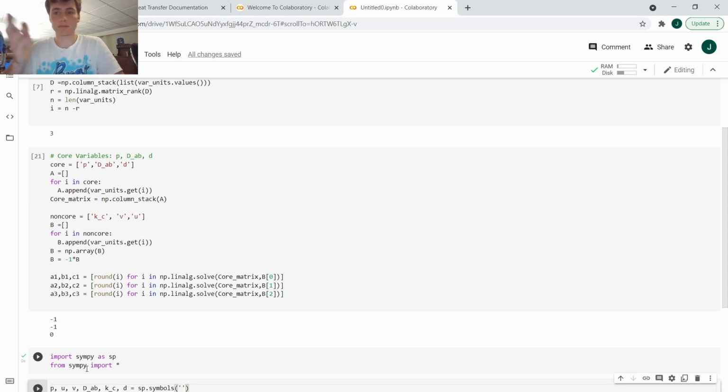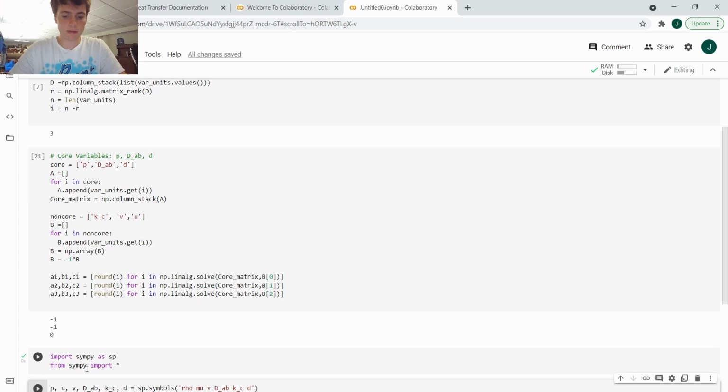So when you put a space, it knows that that's the next symbol. This is also awesome because we can use Greek letters. So density will show as rho, viscosity, that's mu. Let's just keep velocity as v, dAB, that makes it a subscript when you use underscore, k sub c, and then d.